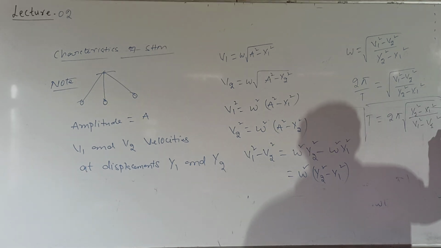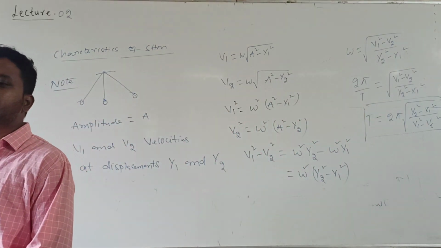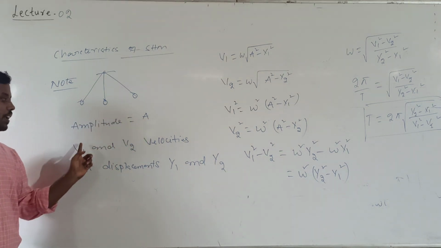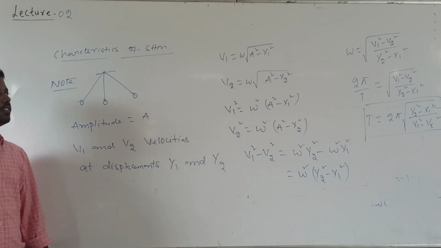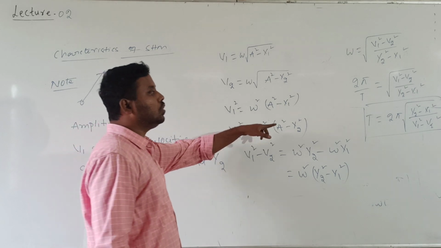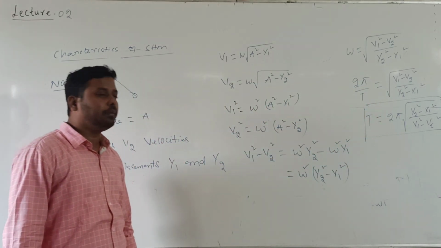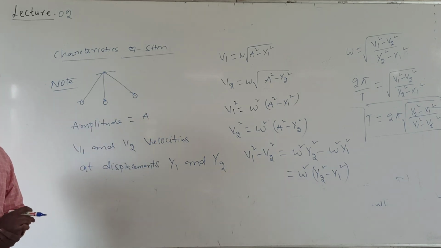This is the expression for which one? Time period. If a bob is executing simple harmonic motion with an amplitude a, and v1 and v2 are the velocities at displacements y1 and y2, then the time period of oscillation is given by T equals 2 pi into root over y2 square minus y1 square divided by v1 square minus v2 square.